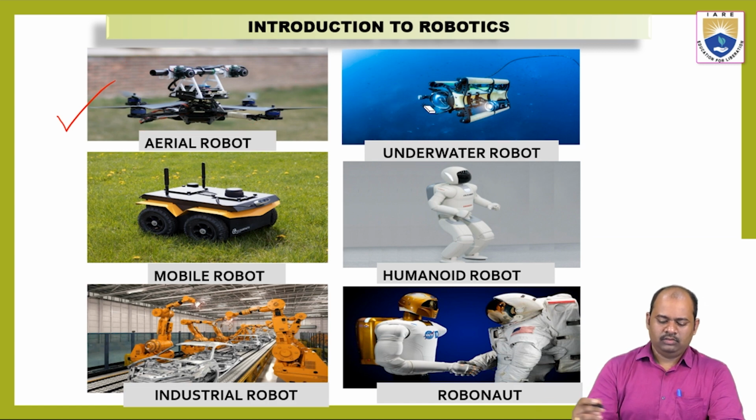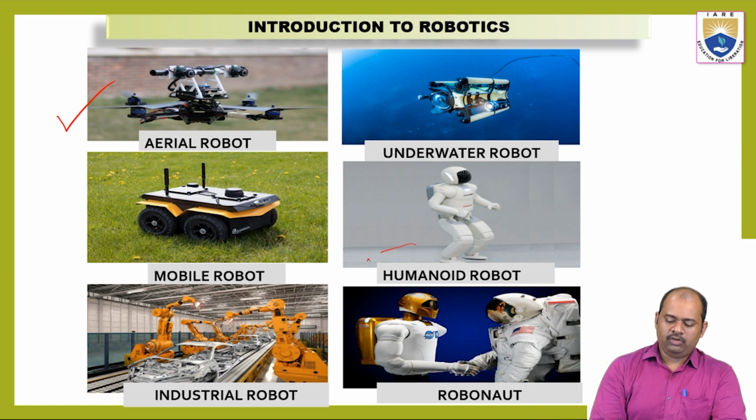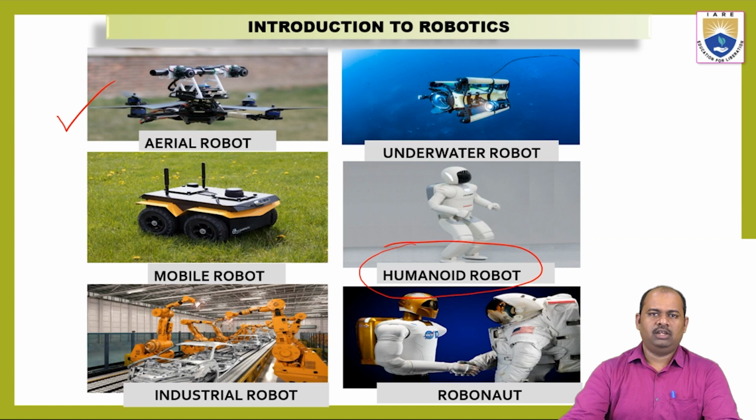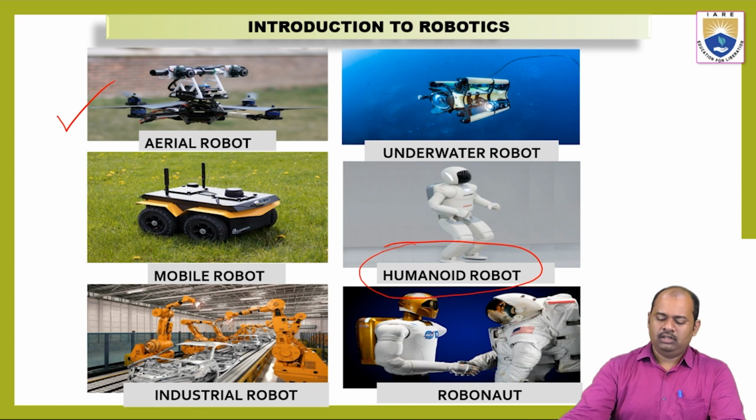And then we move on to humanoid robots. These humanoid robots are very popular in movies, where we used to see a lot of movies related to humanoid robots, where the robots will act exactly like a human being. It will have body parts similar to a human being: head, body, legs, and two hands.